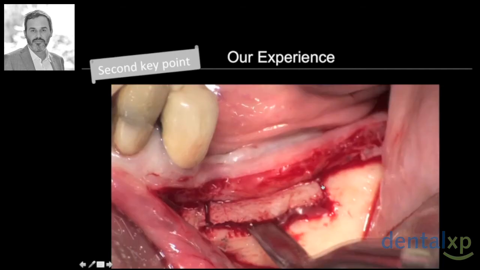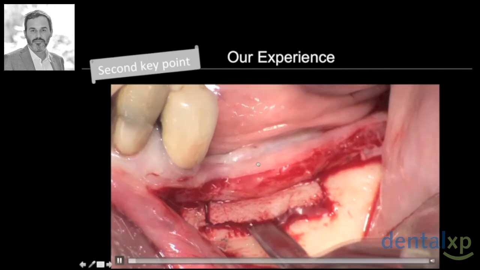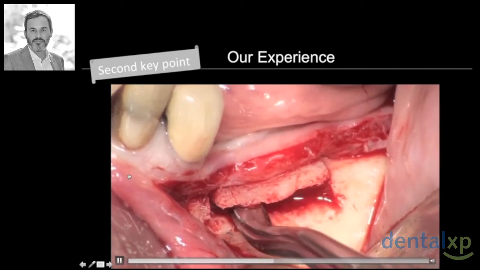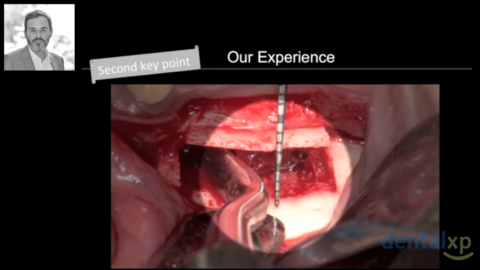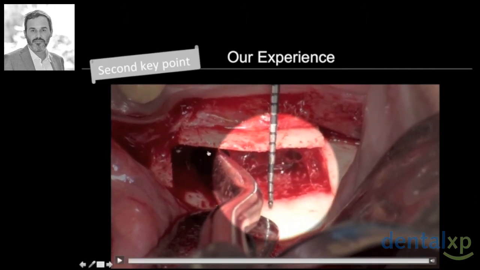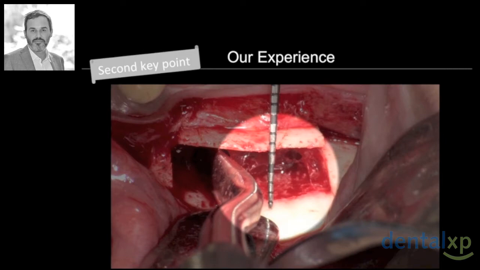In particular, after making the 2 vertical and 1 horizontal osteotomy, I carefully stretch the lingual periosteum to move up the coronal segment, like in this video.